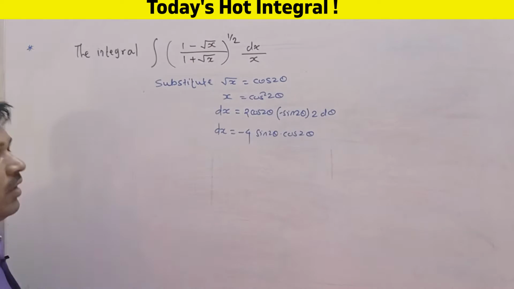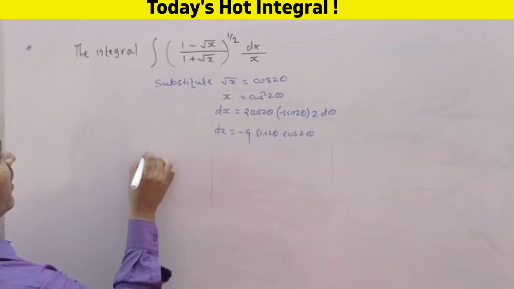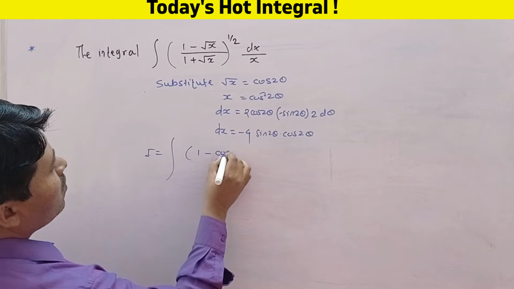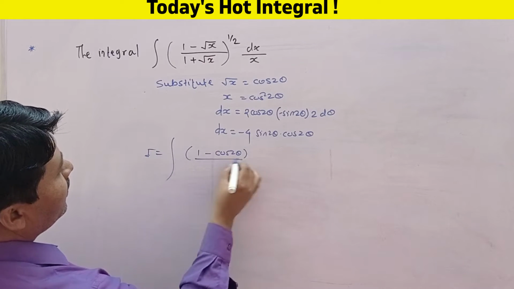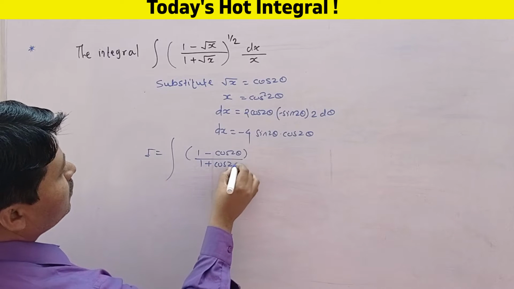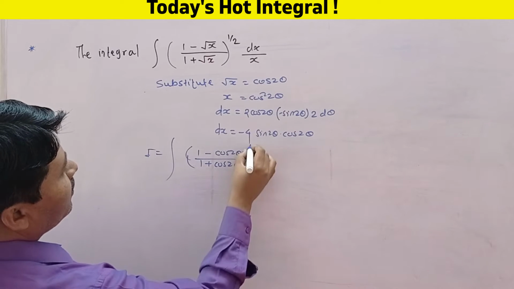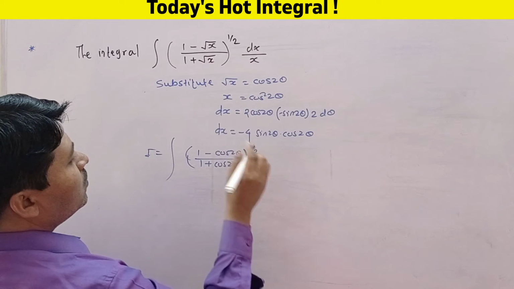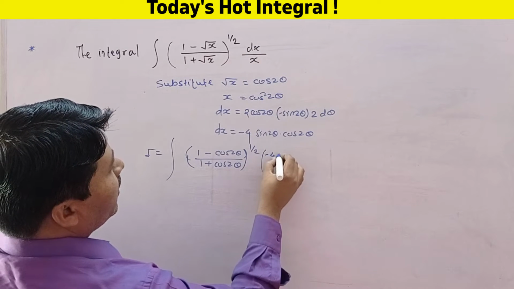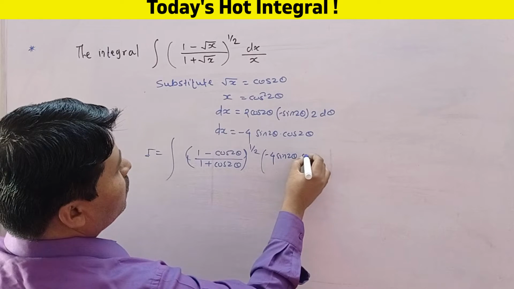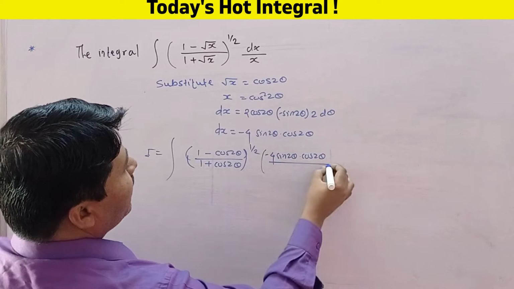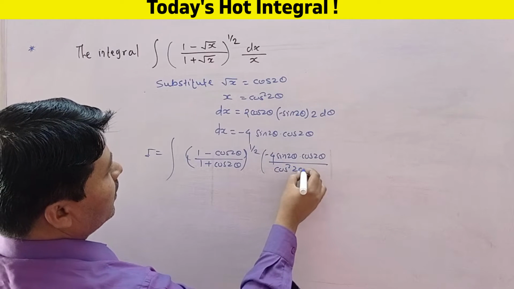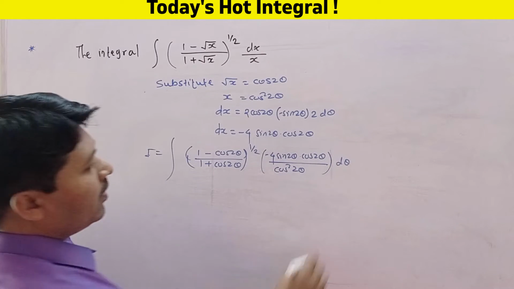Then the integral becomes the integration of (1 minus cos 2 theta) divided by (1 plus cos 2 theta), bracket complete, raised to power 1 by 2, and dx is equal to minus 4 times sine 2 theta into cos 2 theta, divided by x, which becomes cos square 2 theta, bracket complete, d theta.